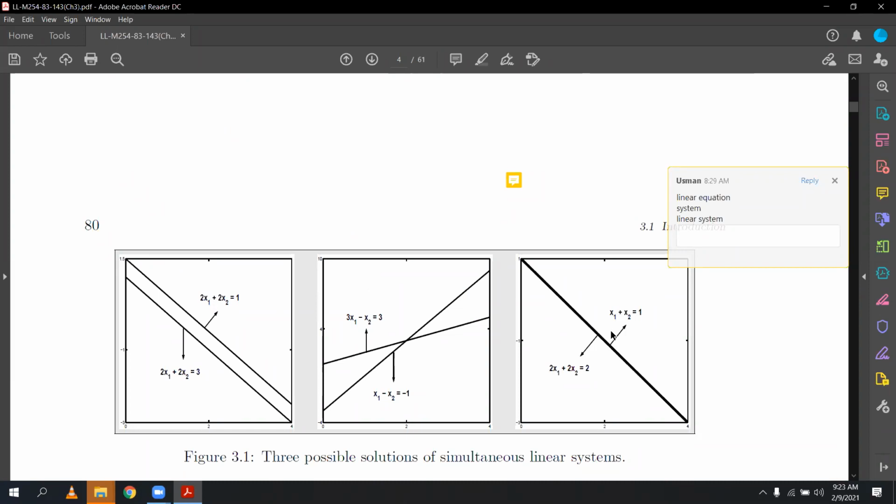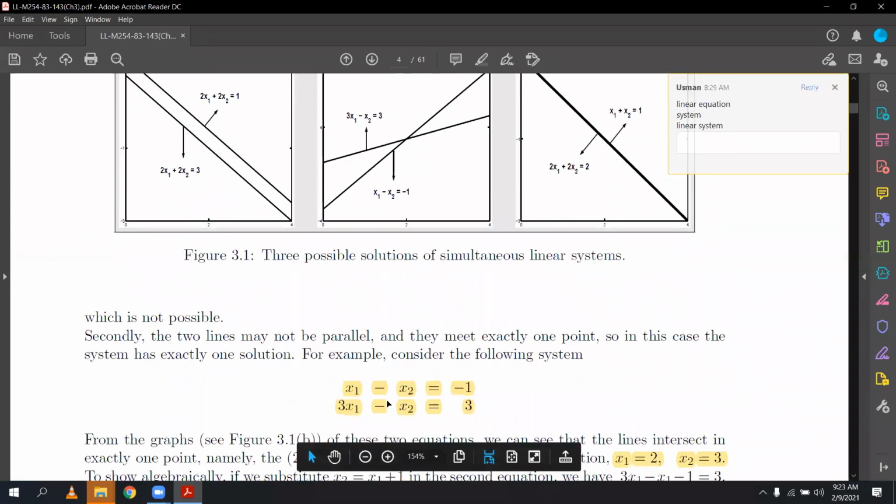It's multiplied by 2, so it's the same. It is dependent. When you sketch the graph, it is exactly the same graph, and the same graph means they intersect each other. And what does the intersection mean? The solution. How many solutions do we have in this case? Infinitely many solutions.